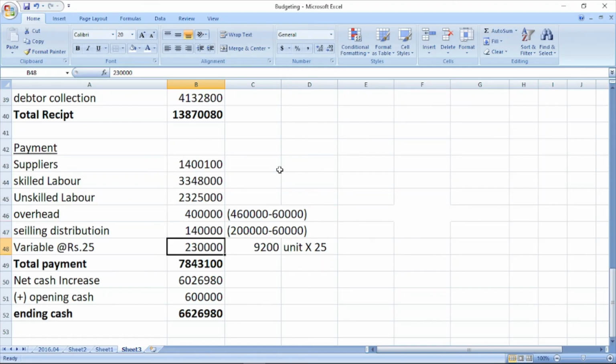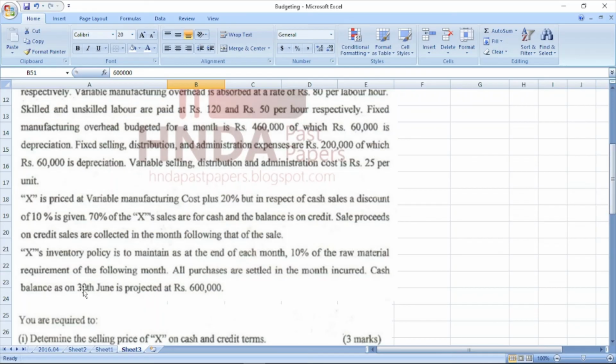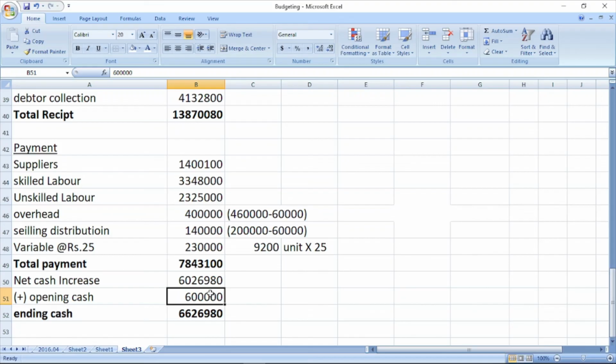So now we can get the total payment. So total receipt minus total payment, we can get the net cash increase. So now we can add the net cash increase to opening cash. Opening cash is projected at 600,000. So net cash plus 600,000, ending cash balance we get 662,980.